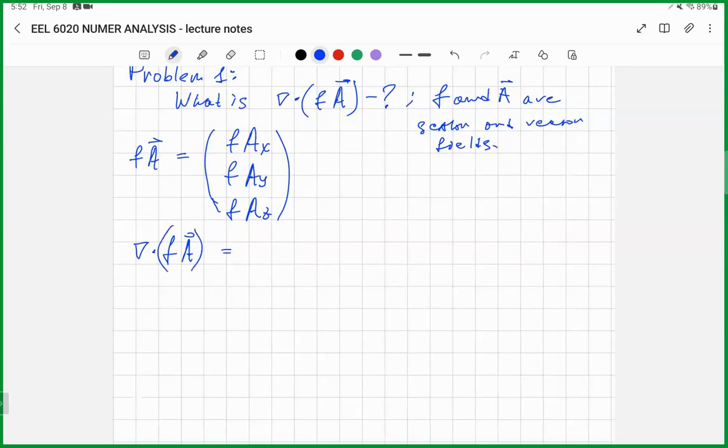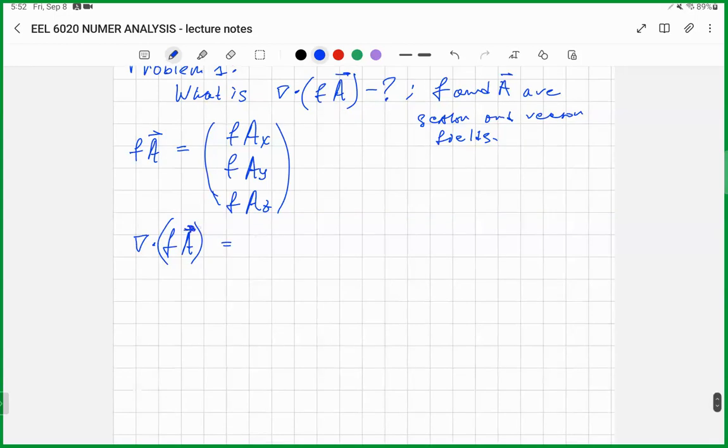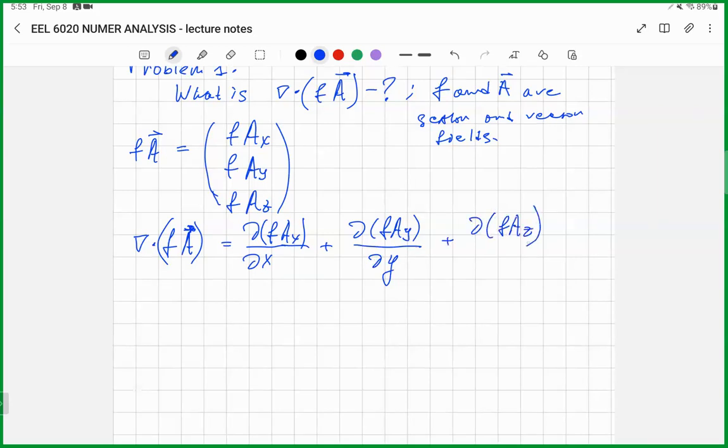The divergence is d over dx plus d over dy plus d over dz, the sum of the partial derivatives of each component. So d(fAx)/dx, plus d(fAy)/dy, plus d(fAz)/dz. This is just by definition of the divergence.